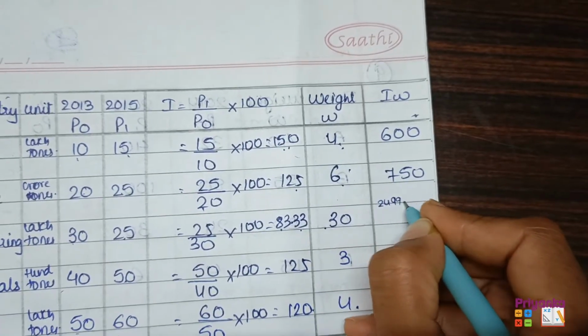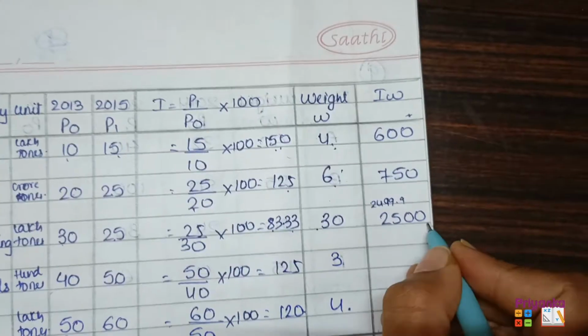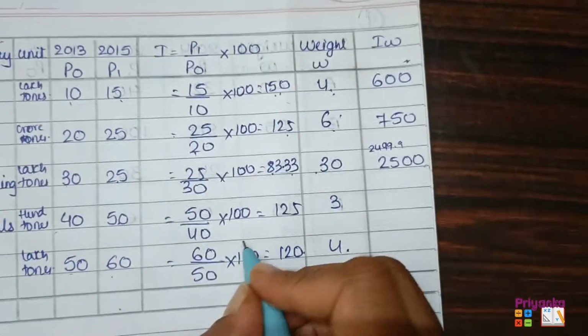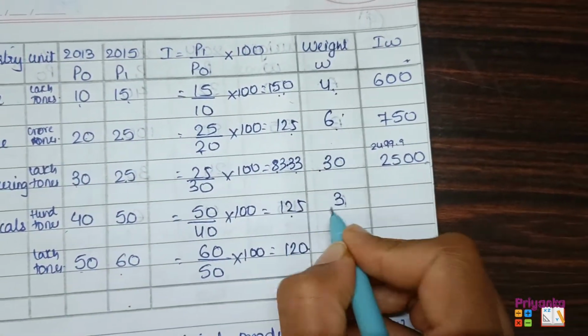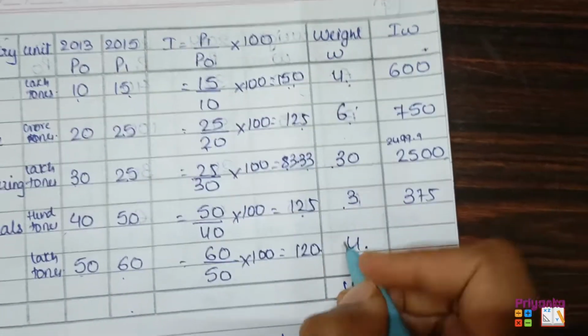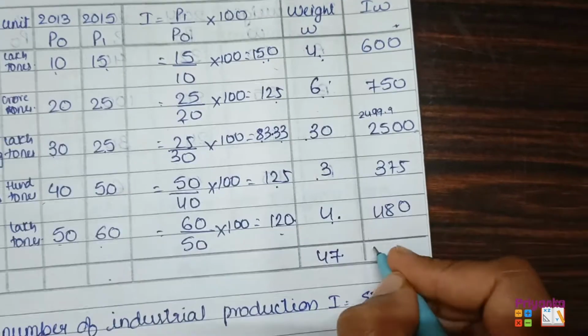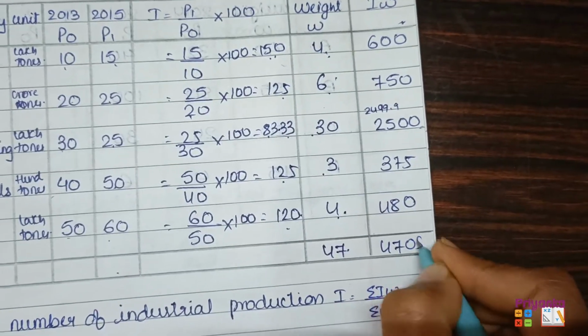So this will be declared as 2500. Next, 125 multiplied by 3, you will get 375. 120 multiplied by 4, here we get 480. The total will be 4705.